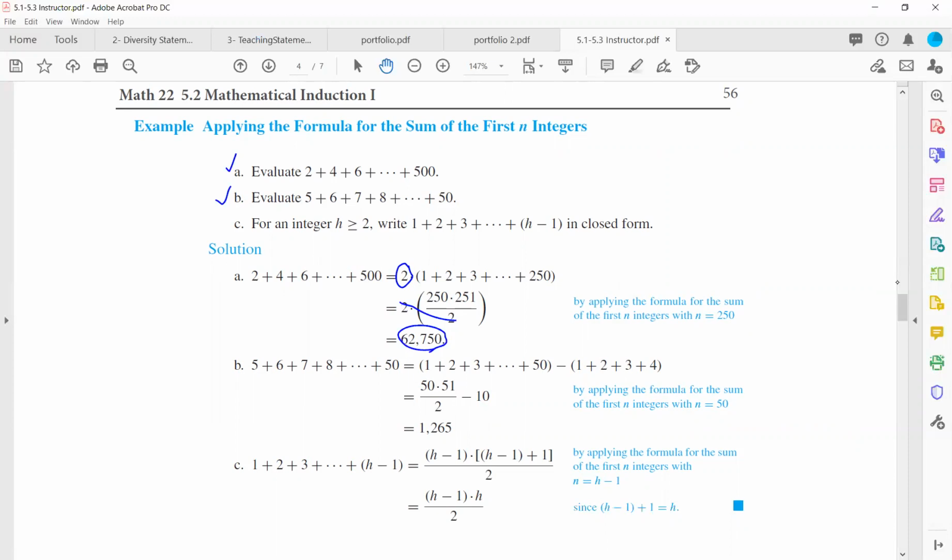We can add 1, 2, 3, 4, and at the same time subtract the sum. Then apply the formula to the sum 1 plus 2 plus 3 up to 50, which we know already is 50 times (50 plus 1) divided by 2, minus this sum, which is 10. After doing a little bit of algebra, the sum is 1,265.